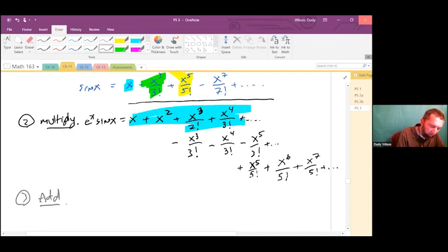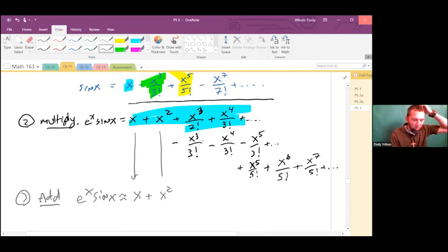And so we're just going to add, and we're going to get e to the x sine x is approximately equal to x plus x squared. And then we have x cubed over 2 factorial minus x cubed over 3 factorial. So that's 1/2 minus 1/6, so that would be plus 1/3 x cubed.